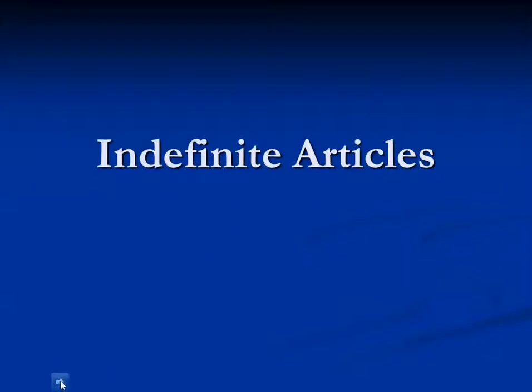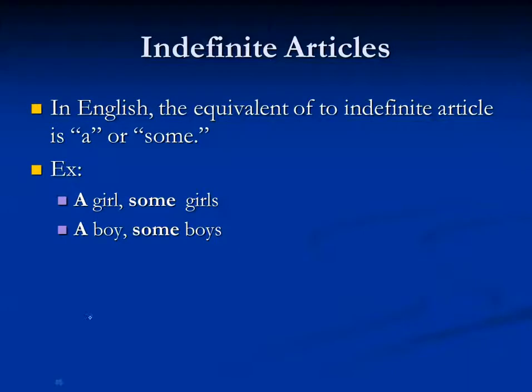So indefinite articles now. So the indefinite articles are like "a" for singular, and then we have "some" to make it plural. You can have either a girl, or you can have some girls. Some being plural. Have a boy, being singular, or you have some boys being plural.